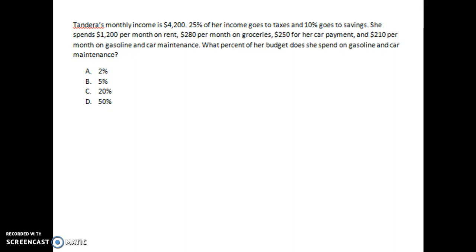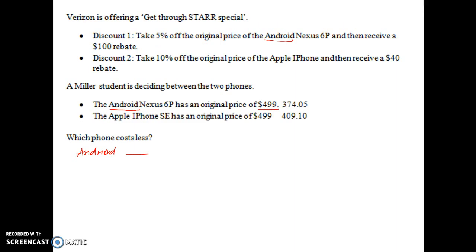Okay, so we reviewed our percent proportion and we know that it's is over of, or part over whole, they mean the same thing, equals percent over 100.